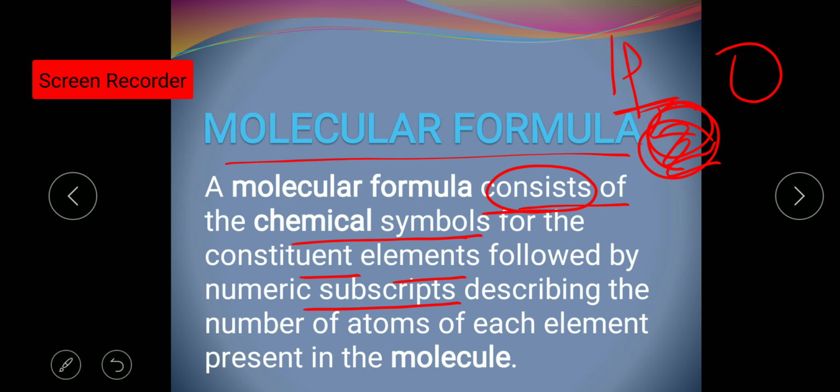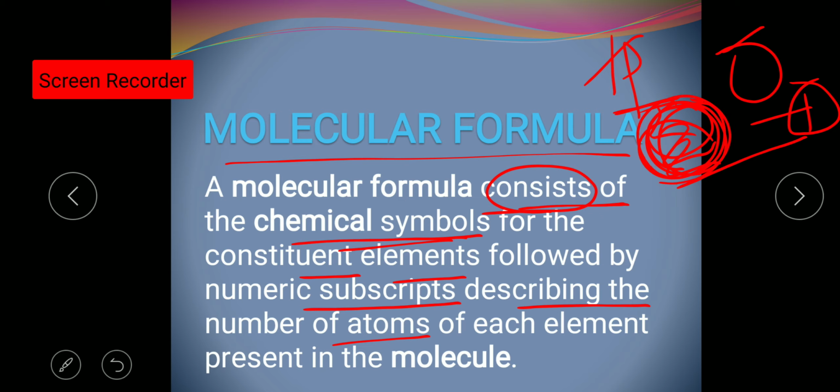If nothing is written, it is understood as 1. So 2 atoms of hydrogen and 1 atom of oxygen form the molecular formula for water.